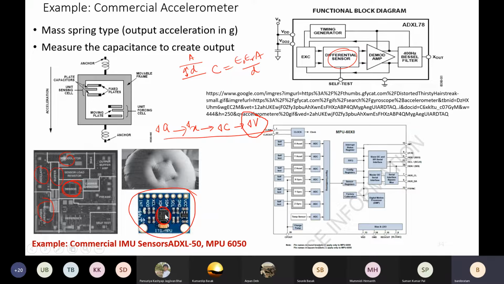Hardly more than 2 centimeters by 2 centimeters in dimension, and inside it the accelerometer, gyroscope, temperature sensor, and many other sensors are integrated together along with their circuits. This is the functional block diagram, where in addition to the 3-axis accelerometer, 3-axis gyroscope, and 3-axis magnetometer, it includes the temperature sensor, the digital motion processor, and other signal conditioning blocks.